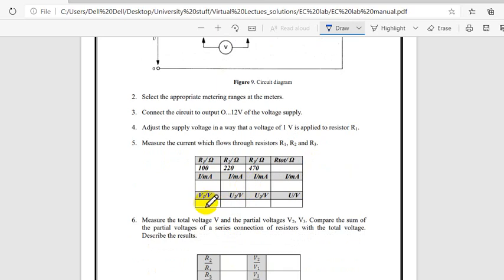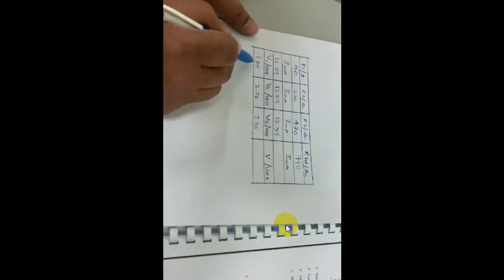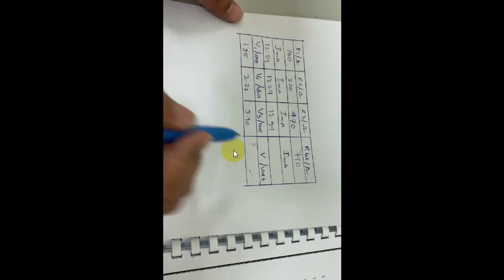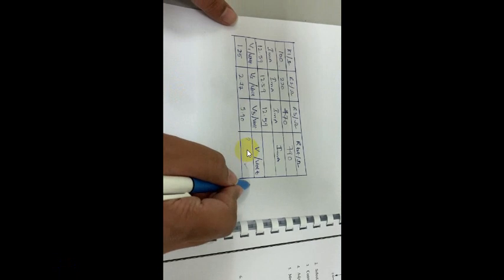The current is the same here, the voltage is 1.59, 2 point something, 5 point something, and write the total voltage here. It should be around 10, one point five six, 2.77, it will be around 10. You have to write this.